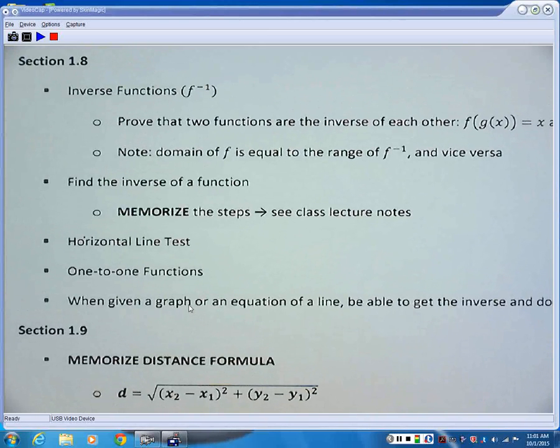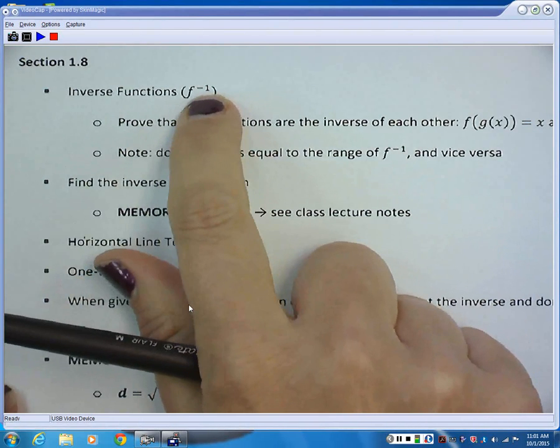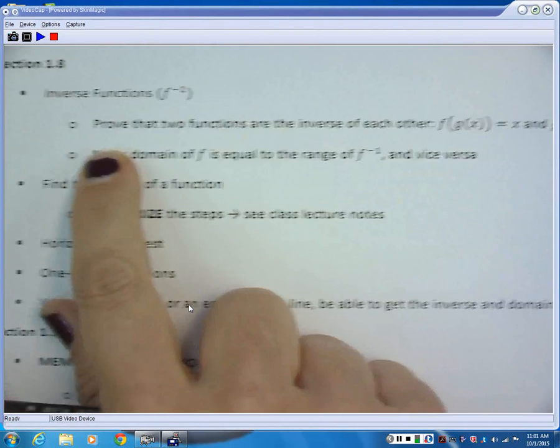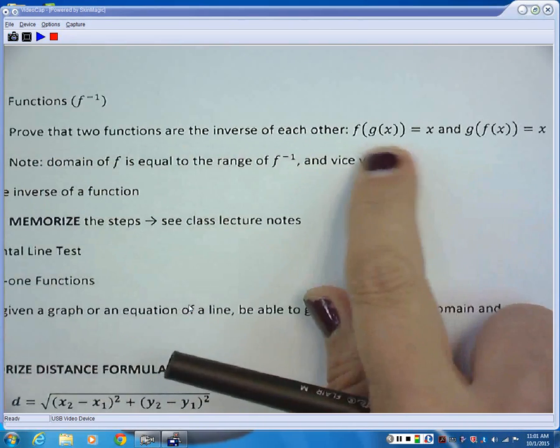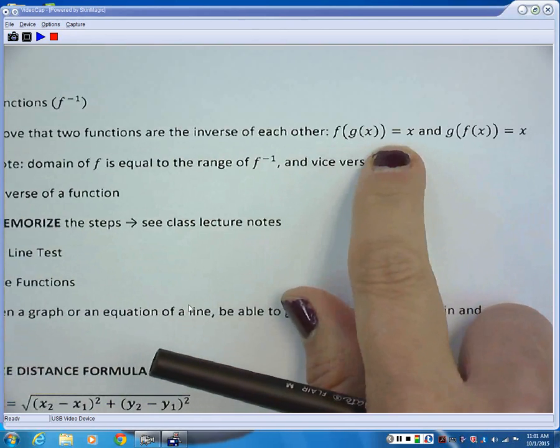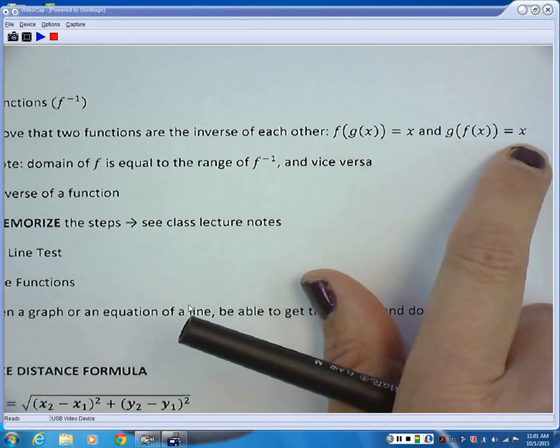Alright. And then the next page, inverse functions. For inverse functions, you need to know that the notation is f inverse, f to the -1. To prove that 2 functions are inverses of each other, take f of g of x, if that equals x, and g of f of x, if that equals x.